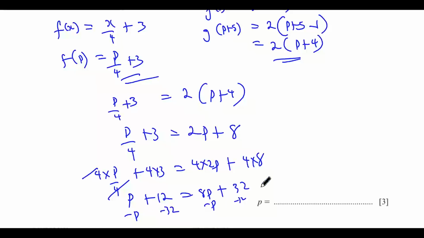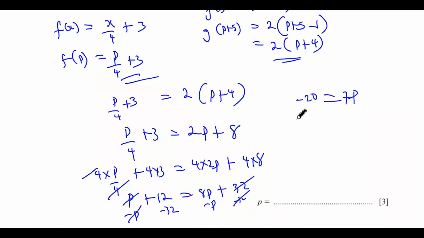You can use any method to solve this linear equation. Minus p will cancel minus p here. So 8p minus p leaves me with 7p on the right hand side. Then 12 minus 32 gives me minus 20 on the left hand side.